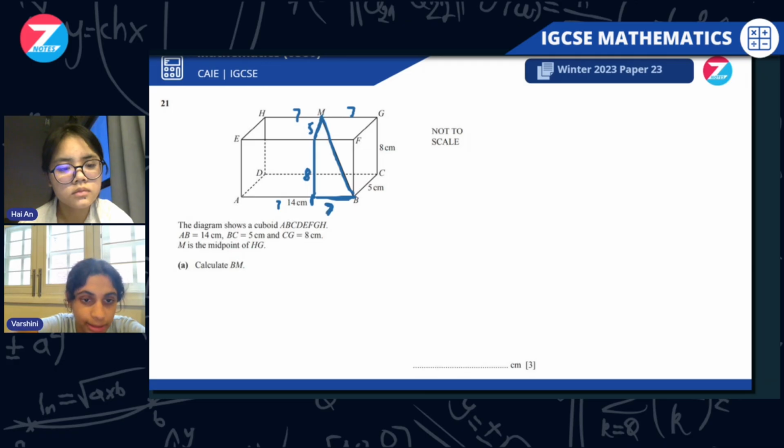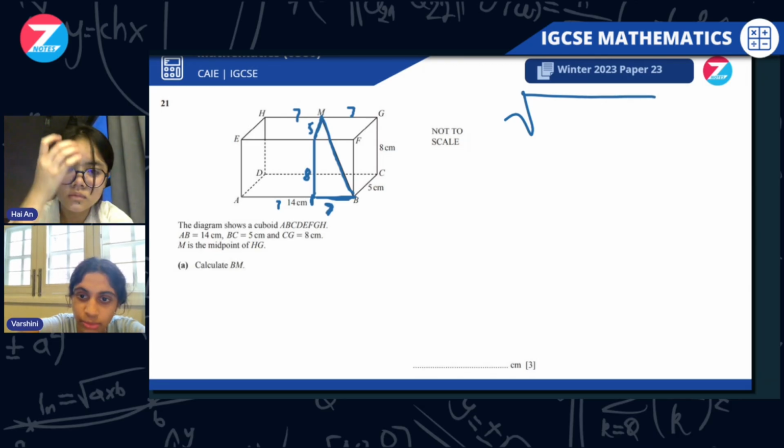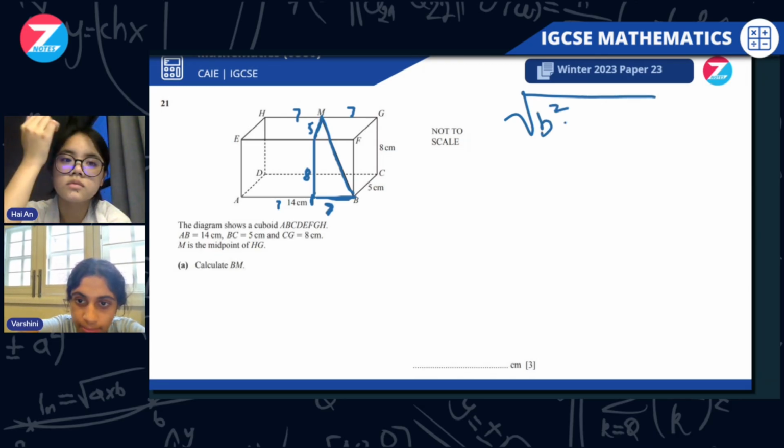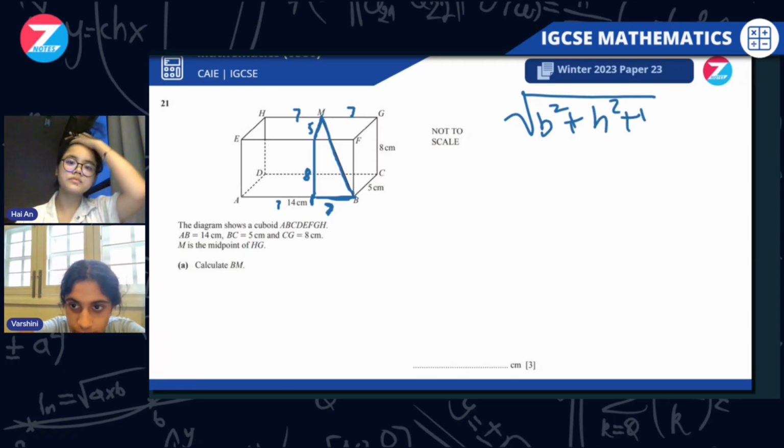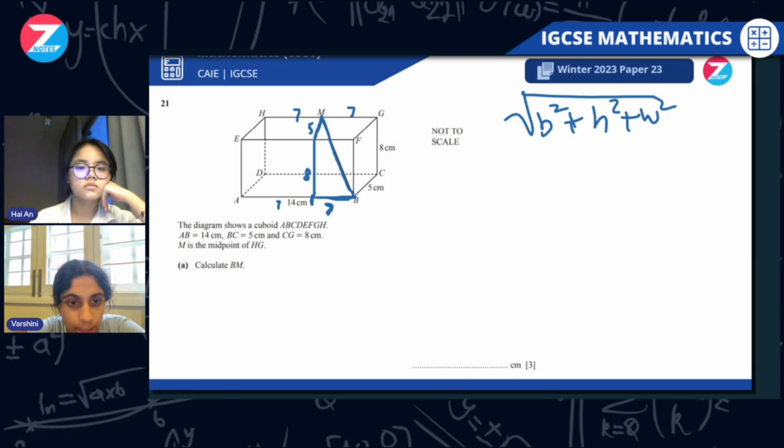Now to calculate the diagonal of a cuboid, it's just the square root of the base squared plus the height squared plus the width squared. So to calculate BM, we have the base, which is 7, the height, which is 8, and lastly the width, which is 5. Sorry, we can say length instead of base.